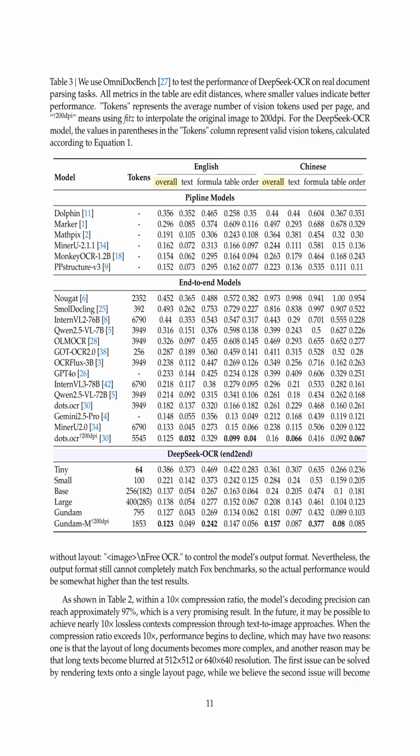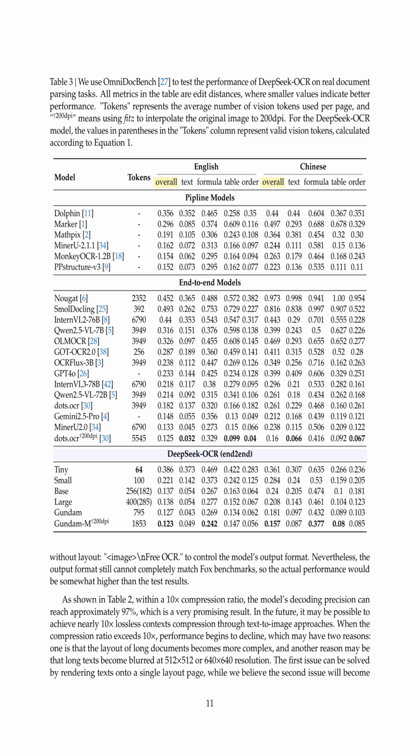We use OmniDocBench to test the performance of DeepSeek-OCR on real document parsing tasks. All metrics in the table are edit distances, where smaller values indicate better performance. Tokens represents the average number of vision tokens used per page, and 200 dpi means using fitz to interpolate the original image to 200 dpi.